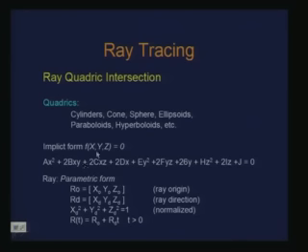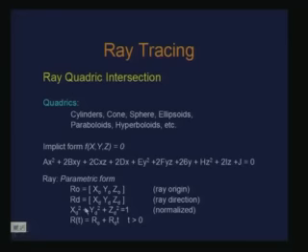So, you have the implicit form of a quadric like f(x, y, z) equals 0, which is given here: a x square plus 2 b x y plus 2 c x z plus 2 d x plus e y square plus 2 f y z plus 2 g y plus h z square plus 2 i z plus j equals 0, right.